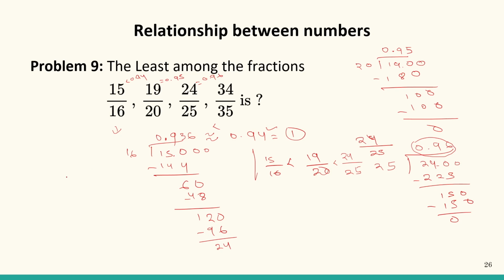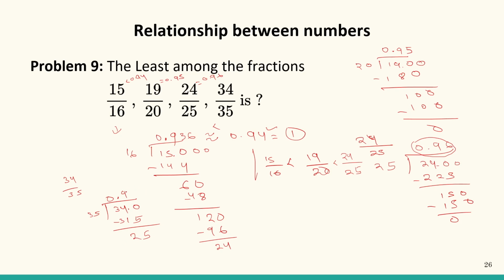Let's evaluate 34 by 35. If we do the division here, that is 35 and 34 down here. Let's put a decimal point there and up there. 35 into 9 is 315, so what you are left with is 25.